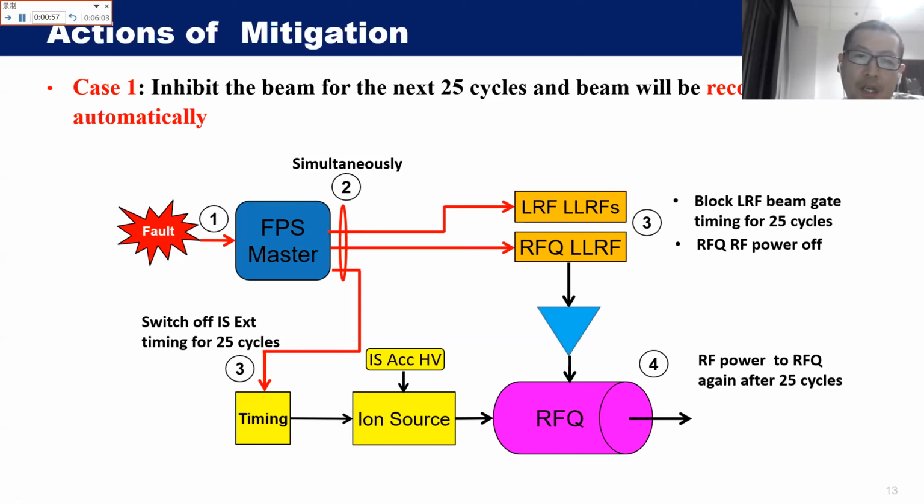Usually this lasts 25 cycles, that's 1 second, and after 1 second, the RF power to the RFQ is restored, and it recovers automatically.